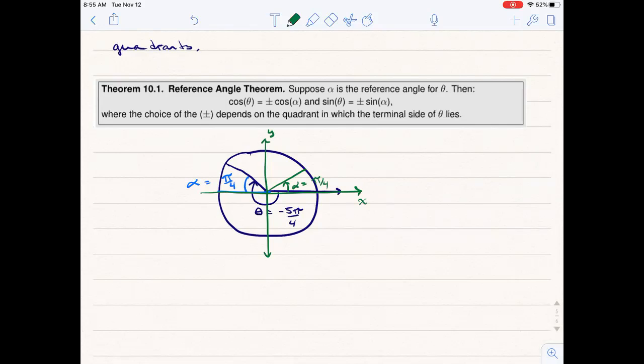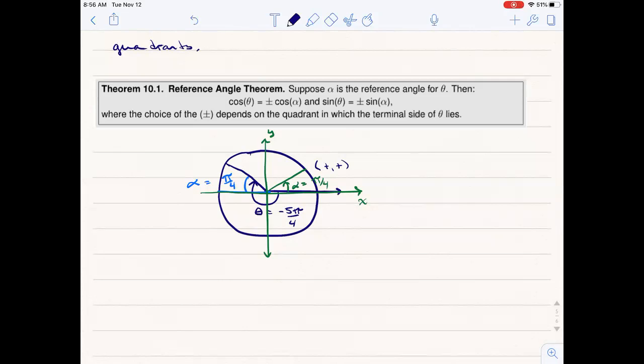And as long as I know how pi over 4 behaves in the first quadrant, then I can say, okay, well, here, x is positive and y is positive, right? The only thing that's going to change, right, I'm going to be at the same point, except now x is negative and y is positive, right?